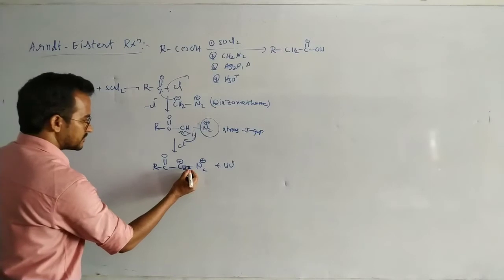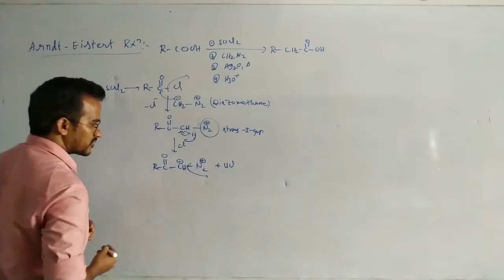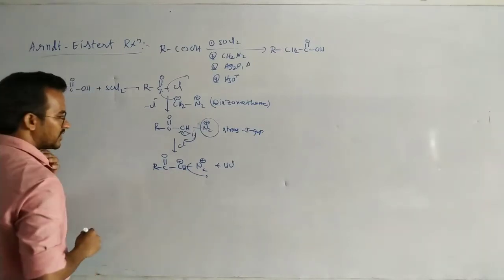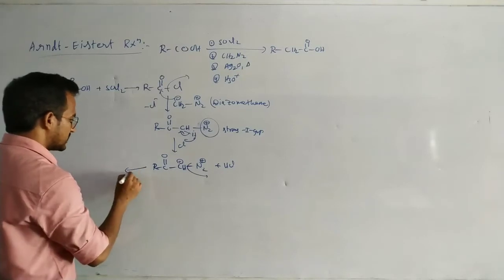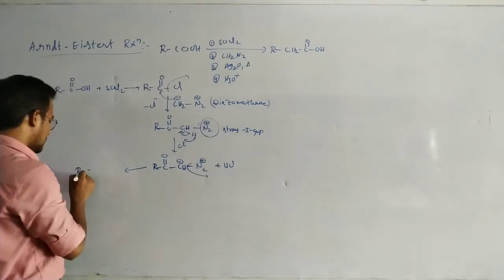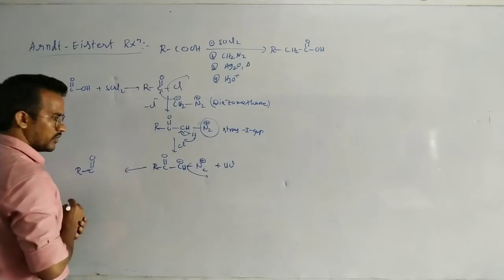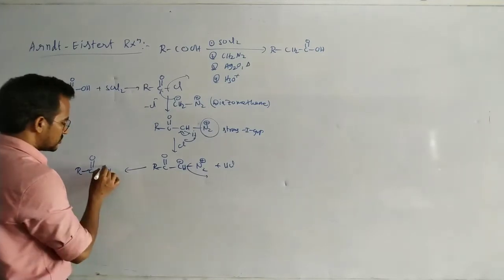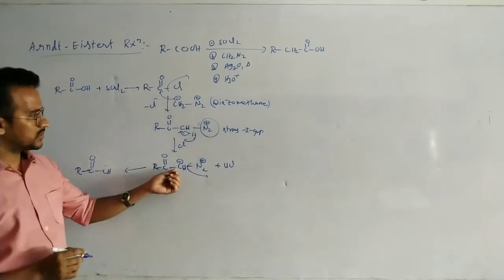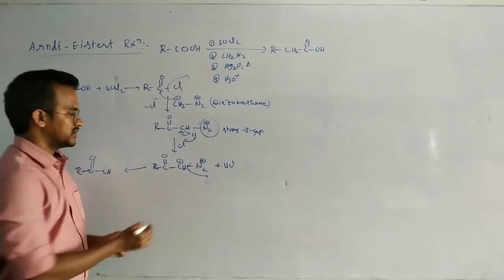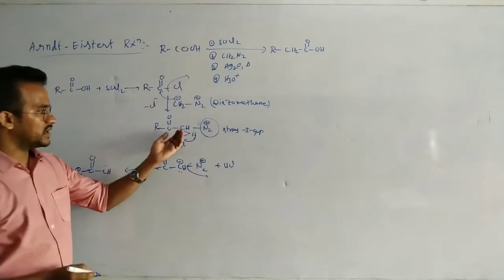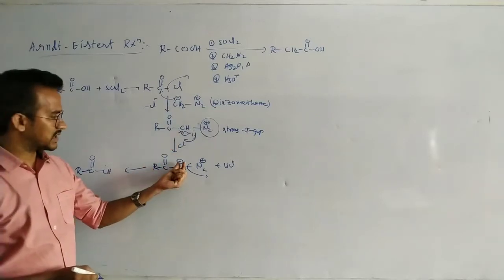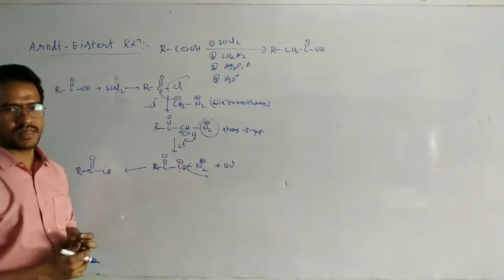Now in this case, the loss of N2 takes place. N2 is an excellent leaving group, so loss of N2 takes place. So here RC double bond O and this CH has 2 electrons actually. With H plus removal, that means here 2 electrons and it gains another extra electron, that's why it carries a negative charge.